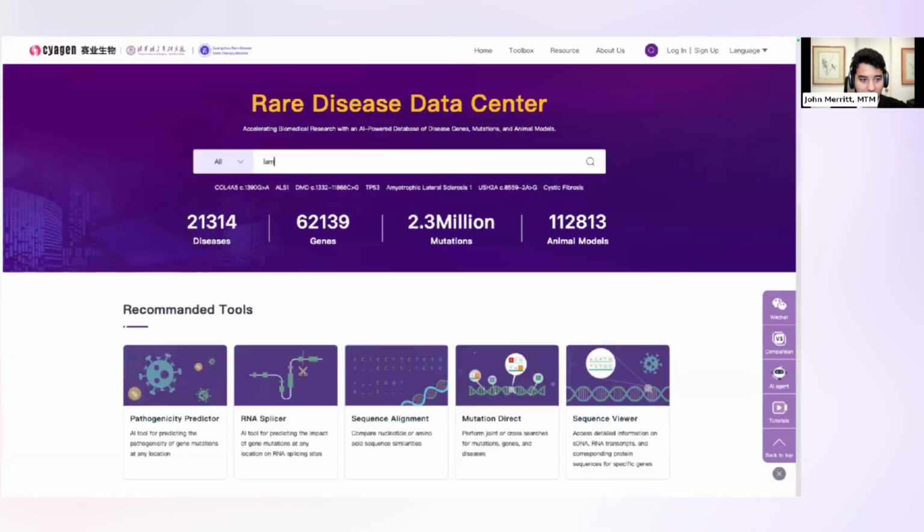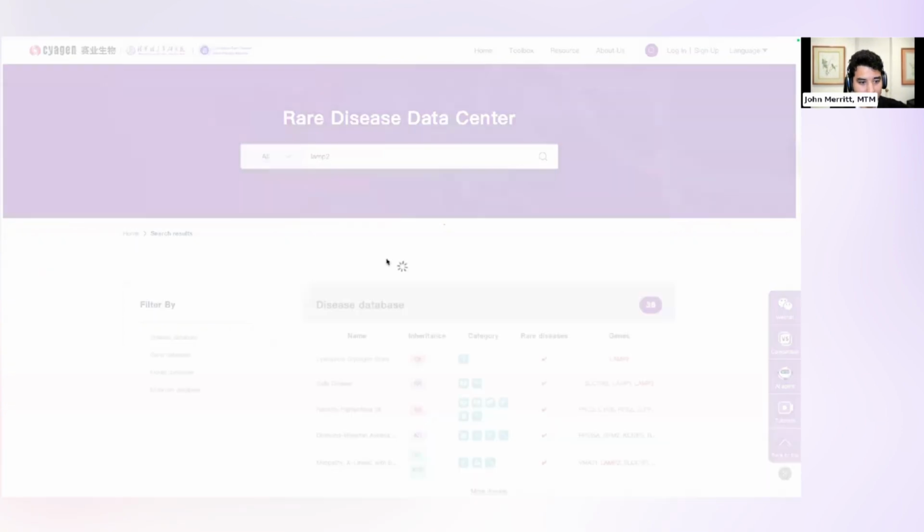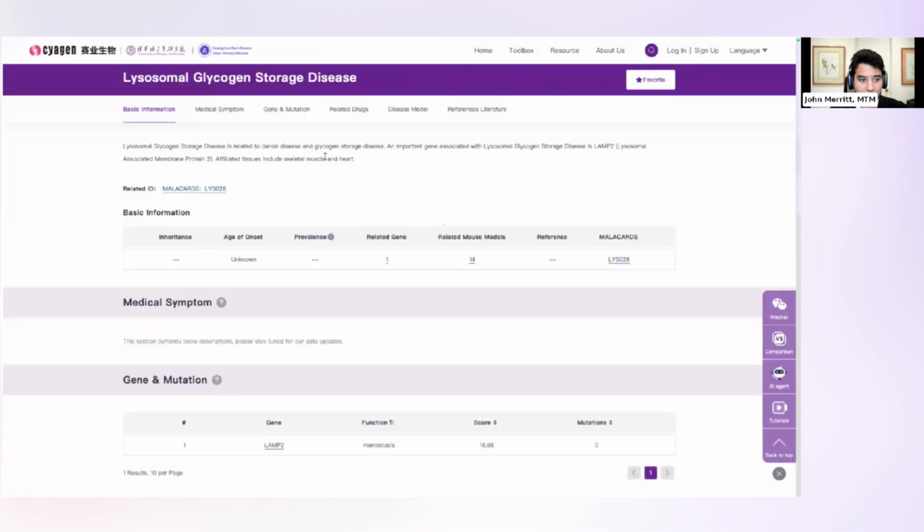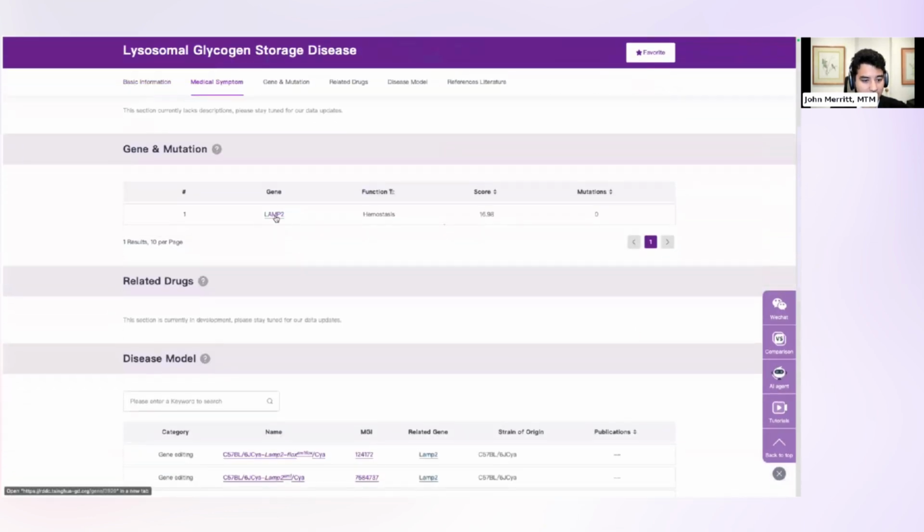Go through here, type in LAMP2, and you'll see that this gene is associated with lysosomal glycogen storage disease. This is a rare disease that this gene is associated with, and then you can just click LAMP2.